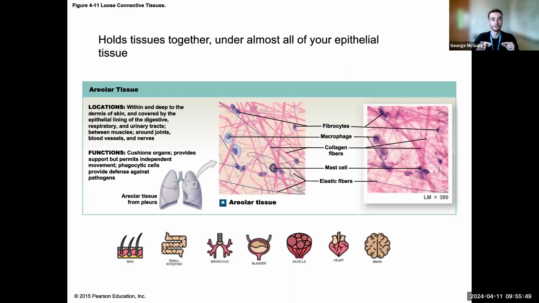So that basement membrane of our epithelia, or where the basal cells are attached to the connective tissue, is mainly going to be this areolar loose connective tissue. And so loose because we have a lot of these branching networks of elastin and collagen fibers. Right, so it allows for some stretching, but also provides support.